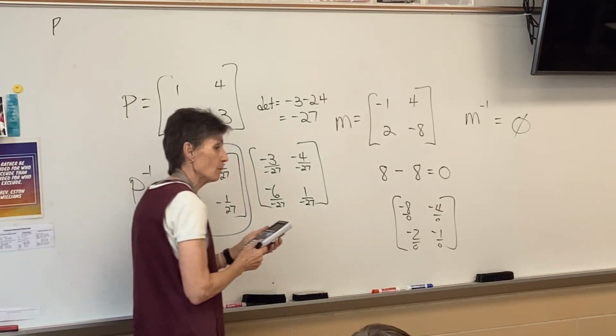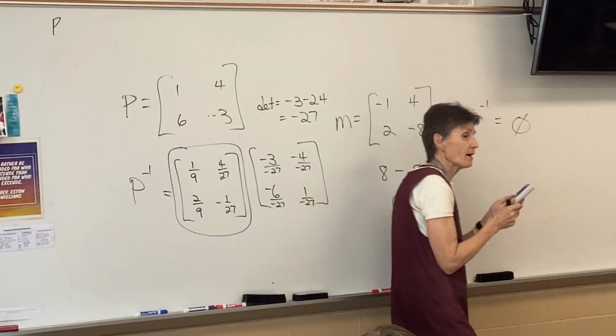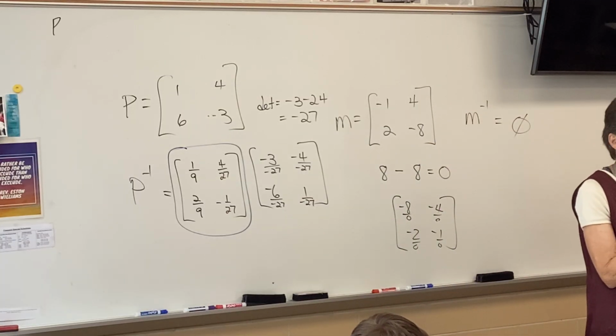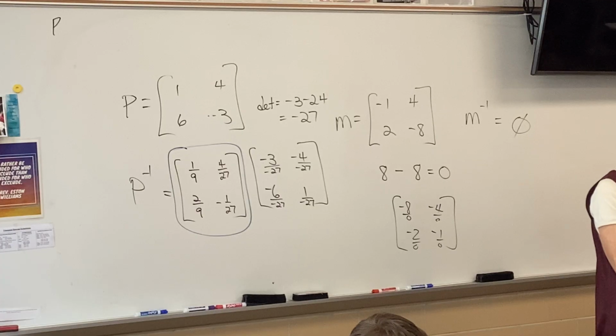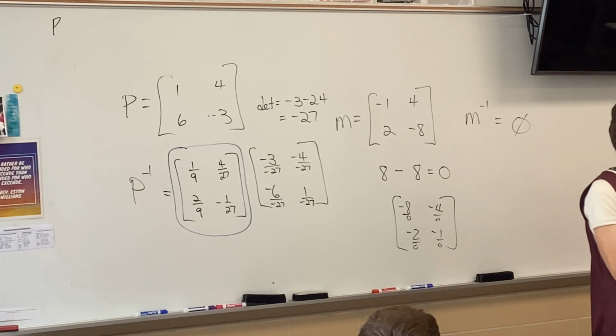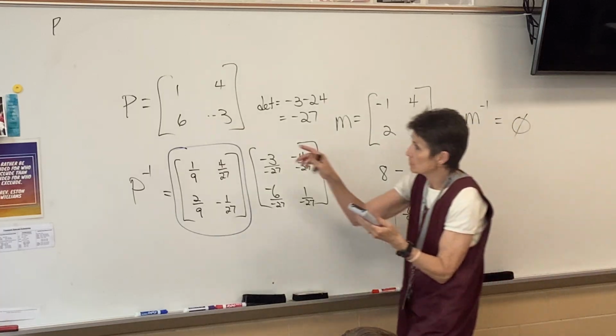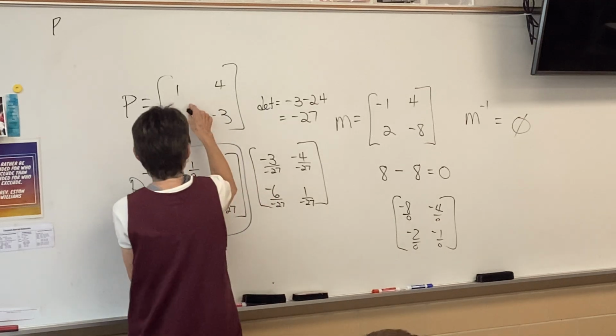All right, so here we go. We're going to find the inverse on our calculator. So we have a second matrix, and click over to edit. How big is this matrix I'm putting in? 2 by 2. So now you tell it 2 by 2, and it sets up a 2 by 2. Type in your numbers. Remember, we're typing in the original matrix.